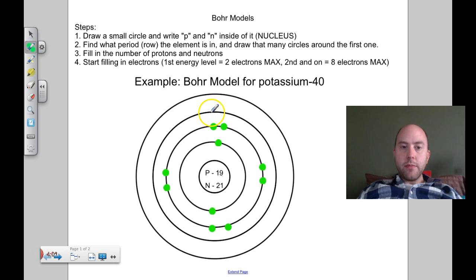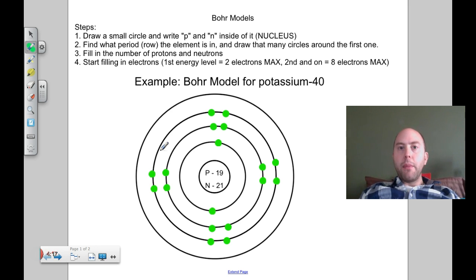I keep on going. I need 9 more, but I can't do 9 more on the next energy level because, again, you can only have 8 electrons max on this energy level. Later on, we're going to learn that that's not necessarily true, but that's not till the next units. Don't worry about that. For this unit, you need to remember the first energy level can only have 2 electrons max.